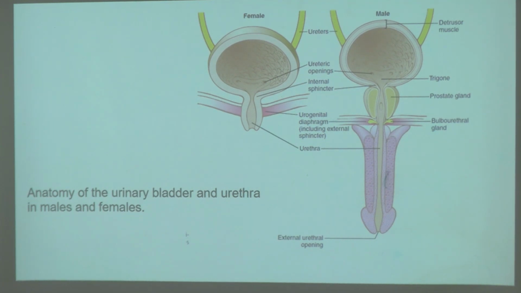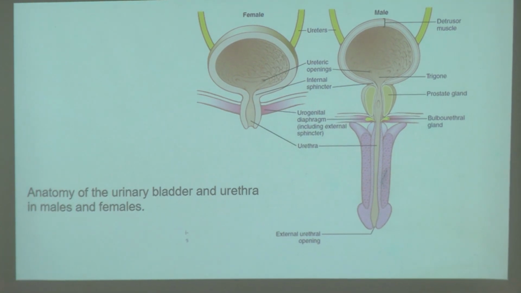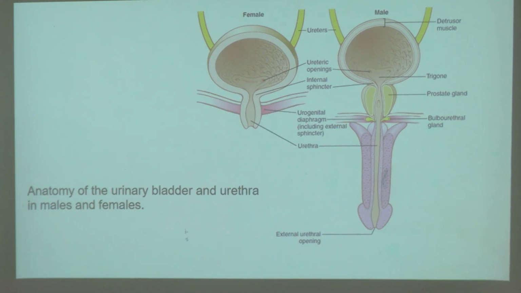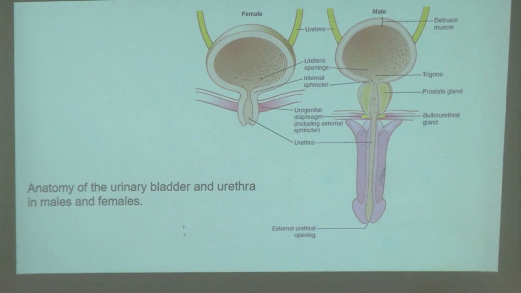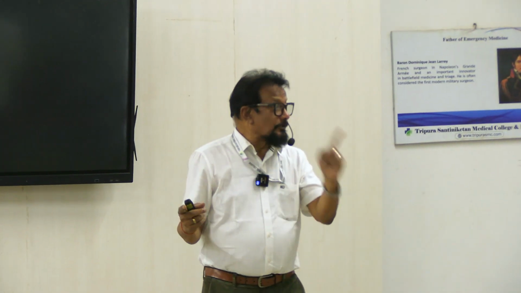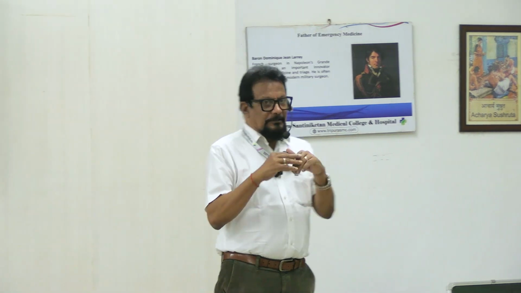Here, the function of sympathetic and parasympathetic is different. Why different? In blood vessels, when smooth muscles are stimulated by the sympathetic nervous system, what happens? There is vasoconstriction. But here we will find relaxation. You have to remember this. So here, the sympathetic nerves, when stimulated, will cause relaxation of the detrusor muscle.